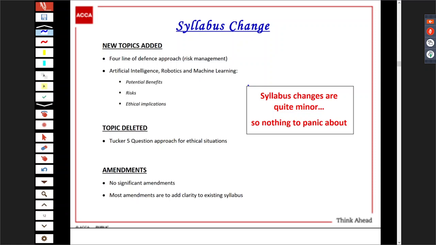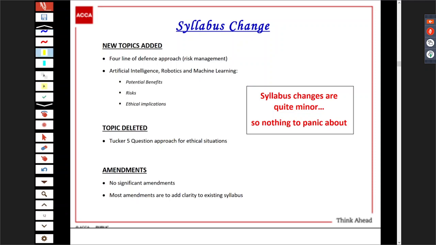They are arranging full day sessions on syllabus change of SBL just to create panic. I'm not saying they are wrong, but they are very focused on the theoretical or bookish aspects, definitions, this and that. Whereas by now you should realize my approach is very practical, exam focused, a CFO focused approach. So from that angle, the syllabus changes are very minor.